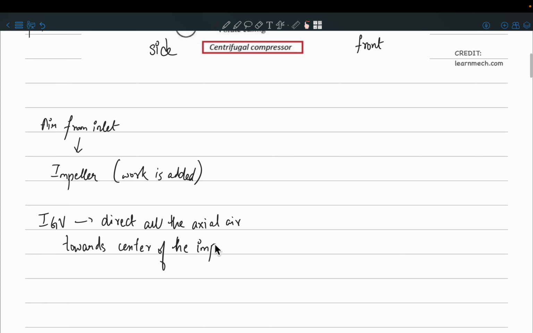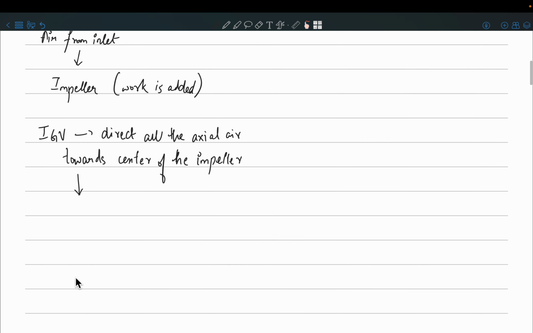And then because of the rotating action of the impeller, the air will be pushed radially outwards. Okay. So air is pushed outwards, radially outwards.